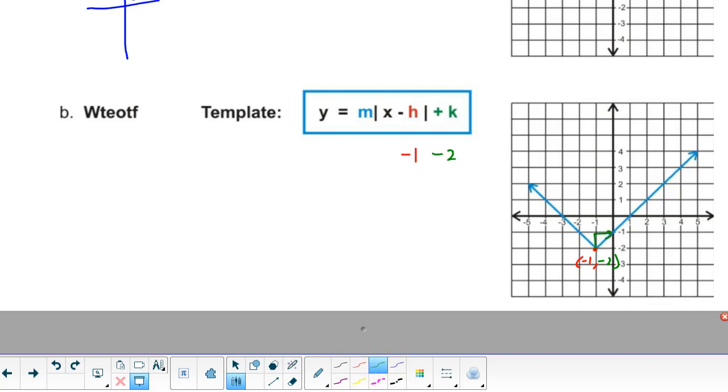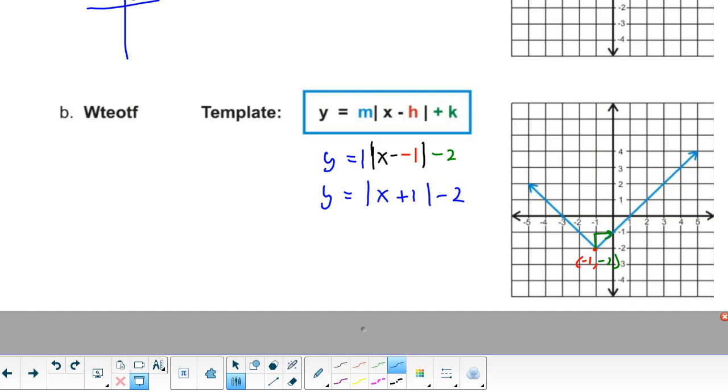Up 1 to the right 1. Slope is 1, so we just leave it. So y equals, here I'll put it in just for emphasis, 1 times the absolute value of x minus... be careful, minus a minus is a plus. So we end up with y equals the absolute value of x plus 1, minus 2. And we just wrote the equation of the absolute value function.